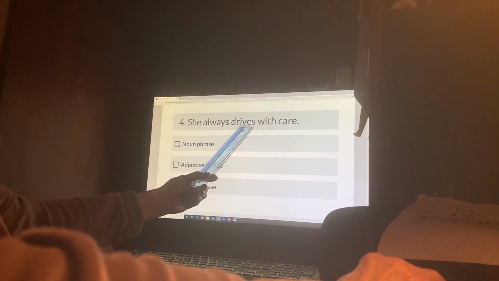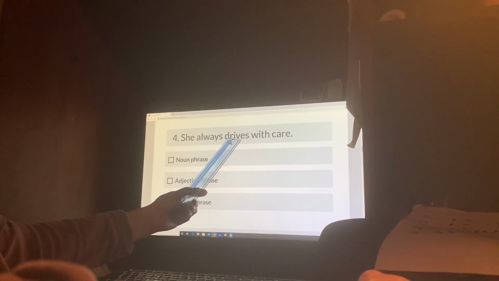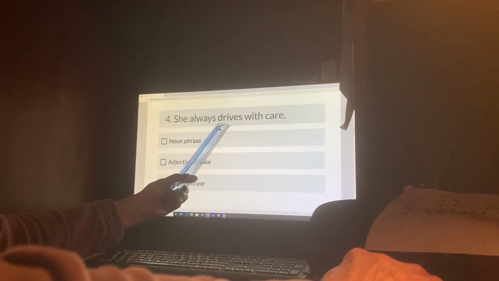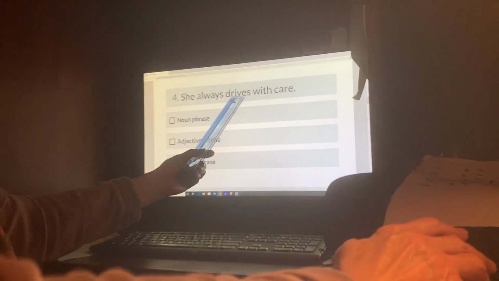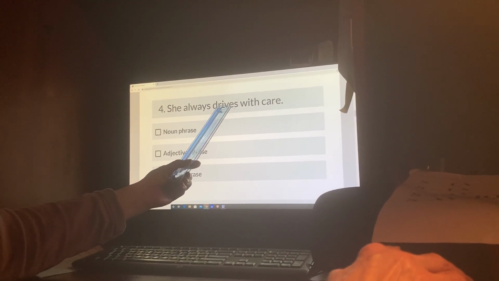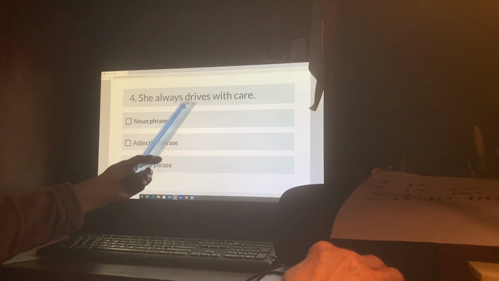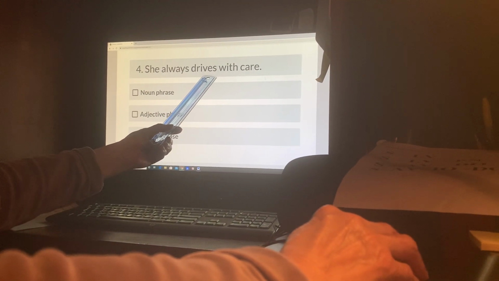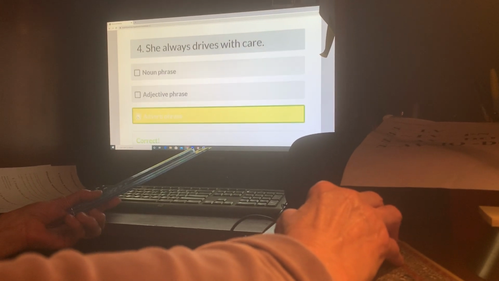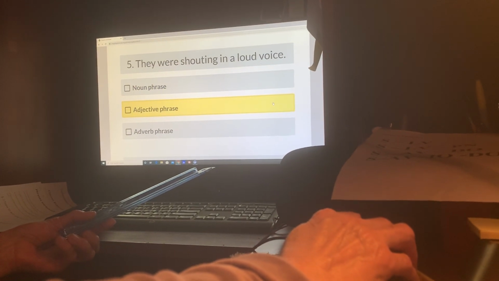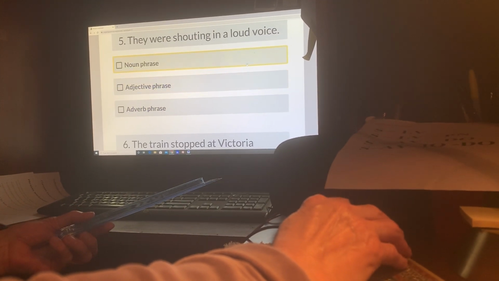Can we ask which drives? No, that doesn't make sense. She drives how? What answers how? Yes, the adverb phrase. She drives how? With care. Adverb phrase. Correct. Try the next one.